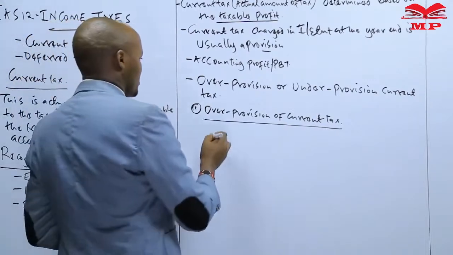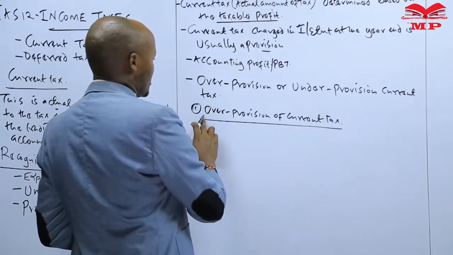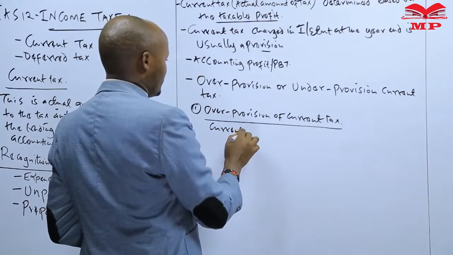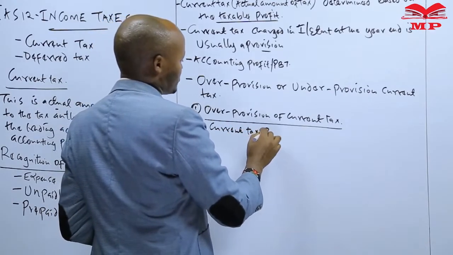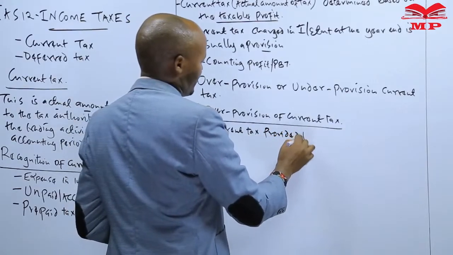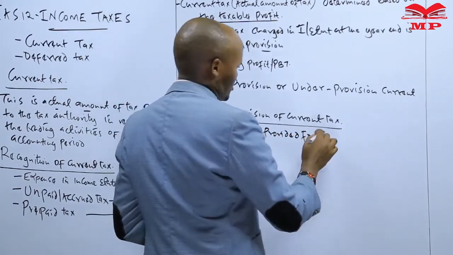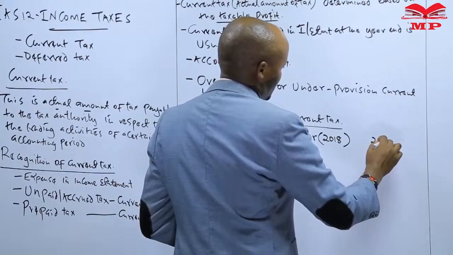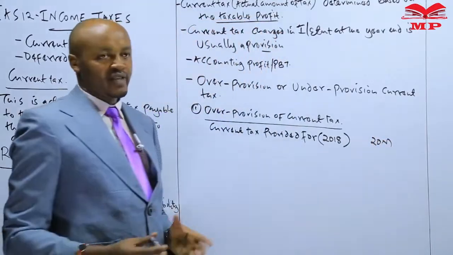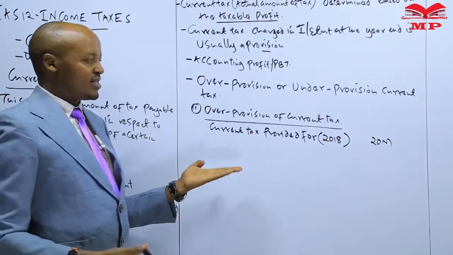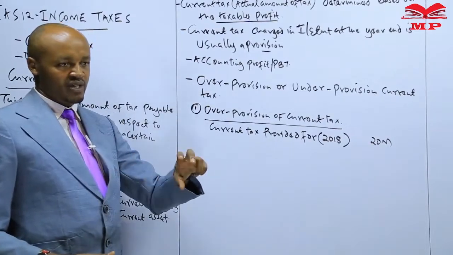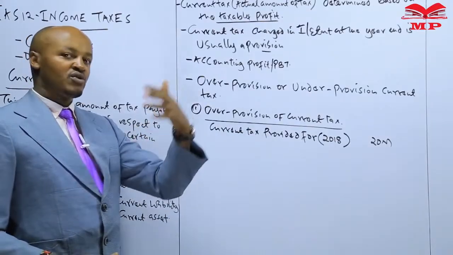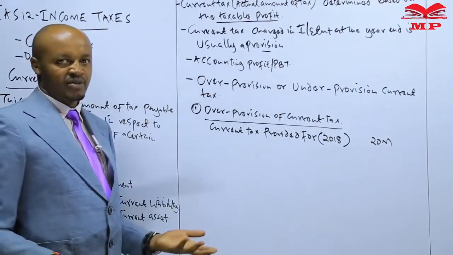Let's assume that when the income statement was being prepared at the end of the year 2018, the amount of current tax provided for was something like 20 million, because whenever the company is preparing the income statement at the end of the year, the amount of tax it includes there is just a provision, because the actual amount of tax to be paid can only be determined after the income statement has been prepared.